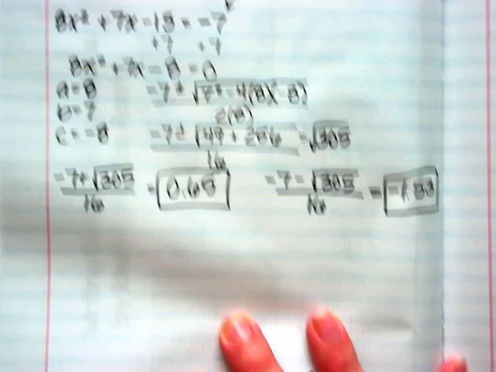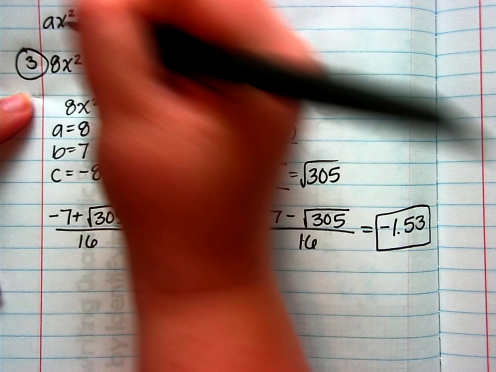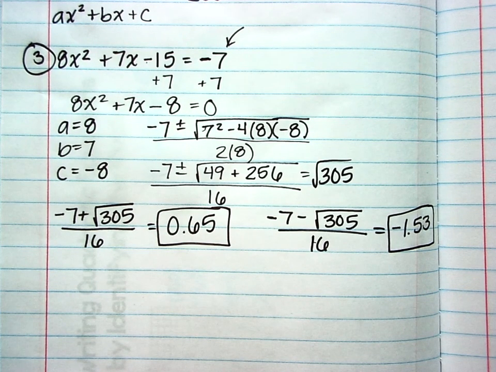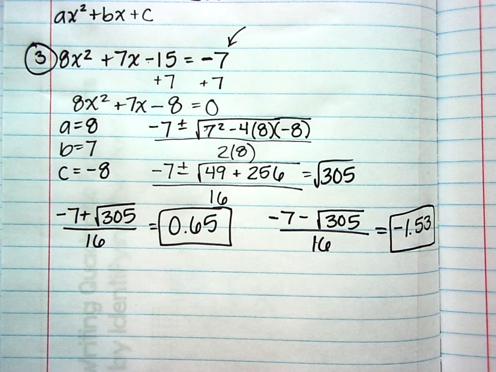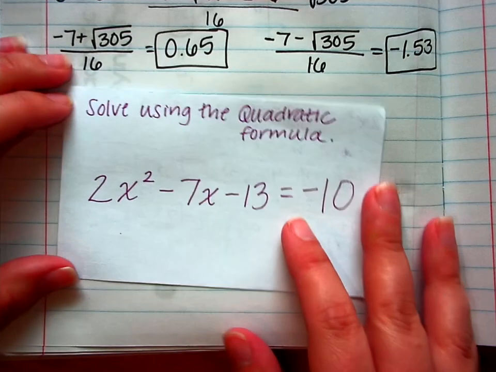Okay, so that was the work for number 3. Please be sure you are numbering your problems. Later in the week, I will ask for a random problem as a submission, as a grade. All right, final question. This was number 4.